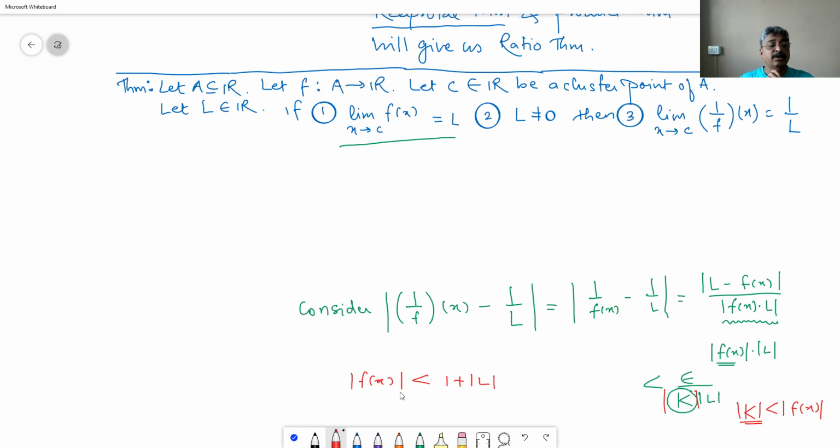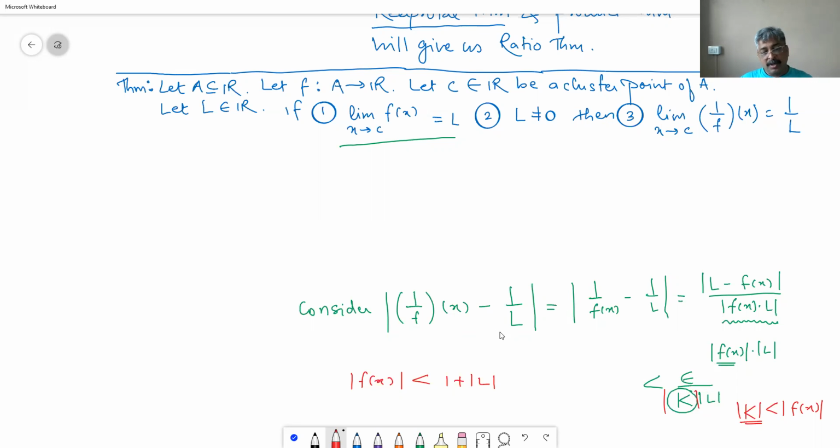Because it was in the numerator, we wanted a bigger, safe number to complete this proof. Now this f of x is in the denominator, therefore we want a smaller number than mod f of x, which is safe, to replace over there. Whatever this constant is, k, we will adjust it in such a way that eventually we will be able to show that this limit is less than epsilon, right?